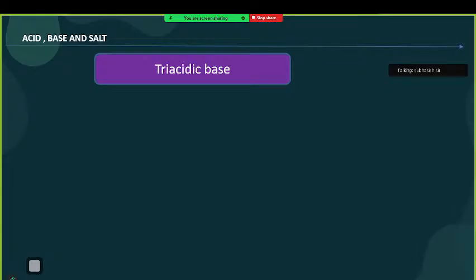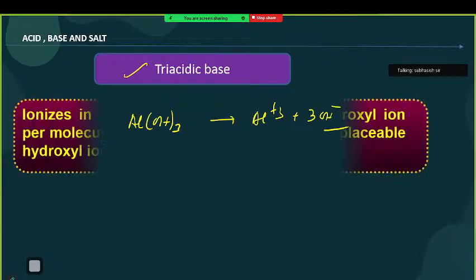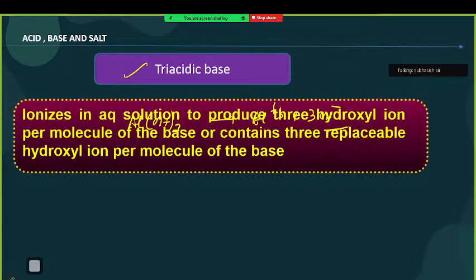Triacidic base. It is the aluminium hydroxide, Al(OH)3, which dissociates into aluminium 3 plus plus 3OH minus. So all these are examples and definitions. A triacidic base ionizes in aqueous solution to produce 3 hydroxyl ions.